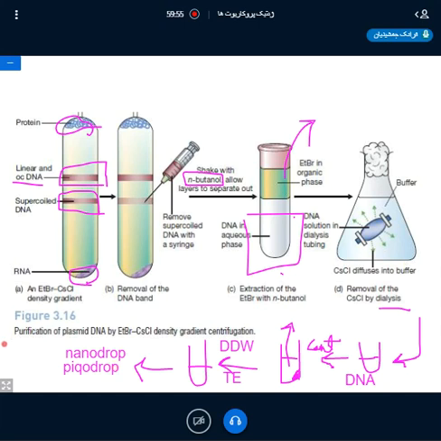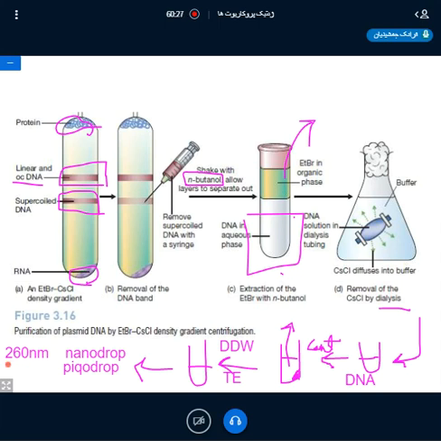If we detect the OD at 260 nanometers, we can detect DNA. So at the wavelength of 260 nanometers, we can detect and determine the DNA amount.